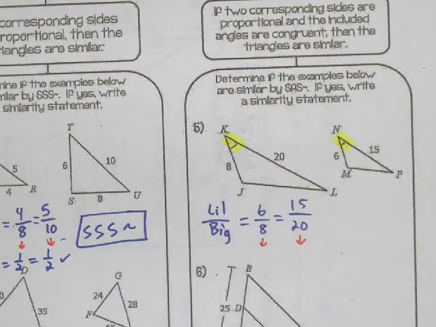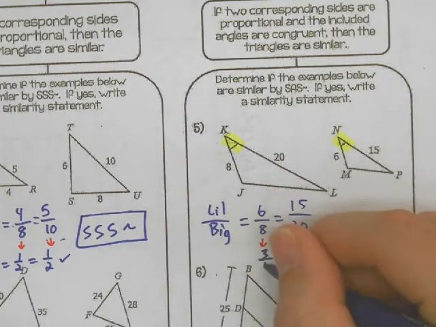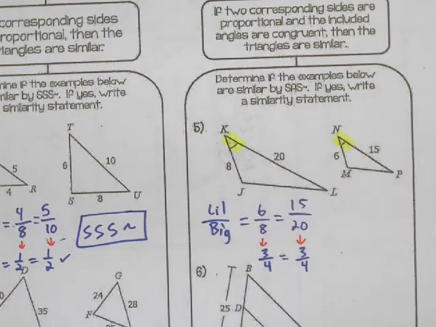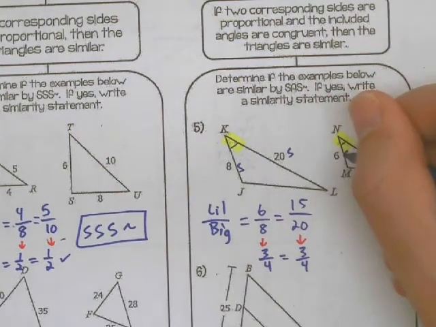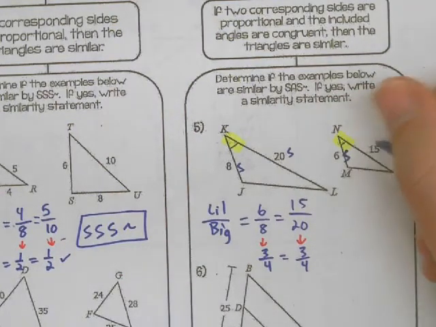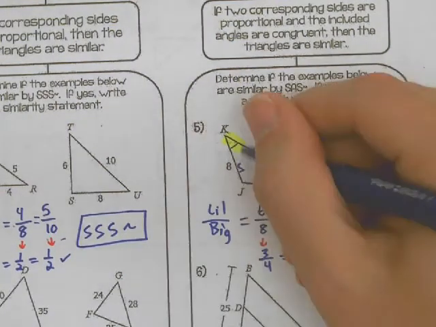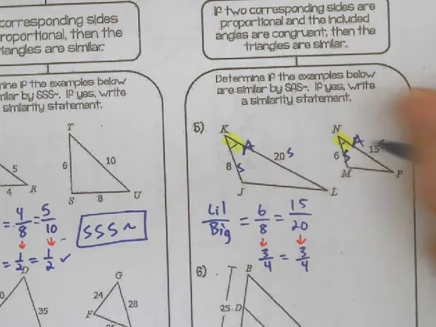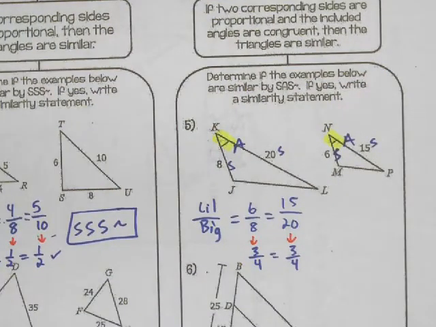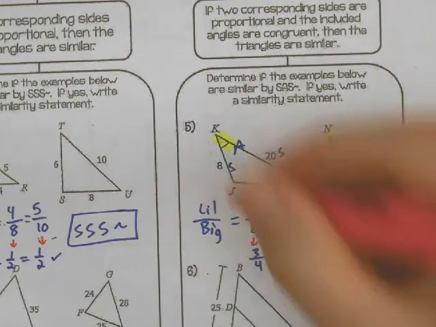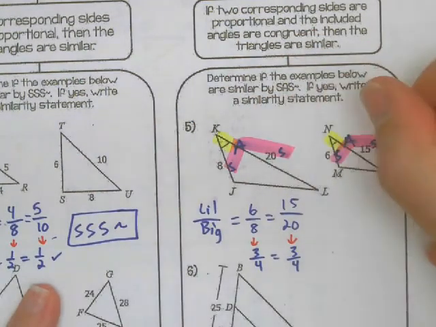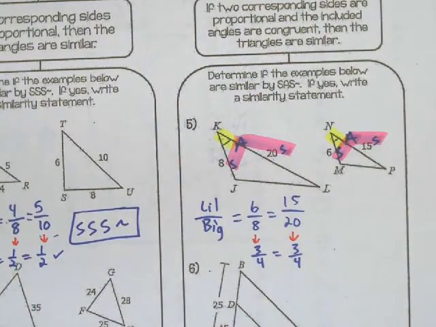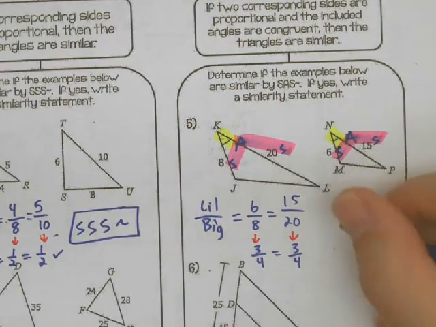Both of these are going to reduce to 3/4. So that counts as two S's. And the angle that we highlighted at the beginning counts as the A. And that's how we get SAS.